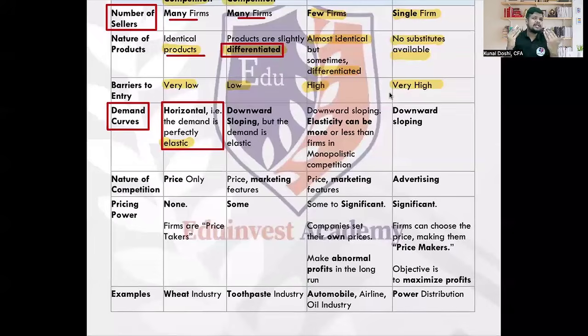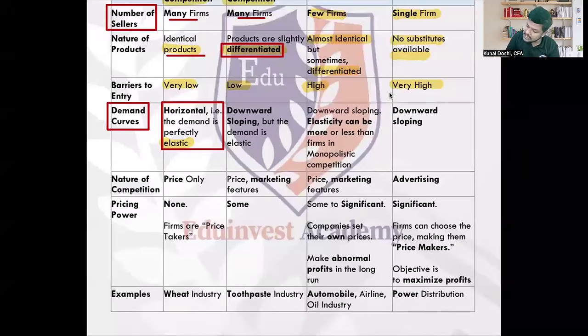No one dares to increase or decrease the price, especially increase, because all the companies are selling the same product. Then what happens? Your entire revenue will be lost. So in this case, the demand curve, which we'll see later in perfect competition, is perfectly horizontal, right?